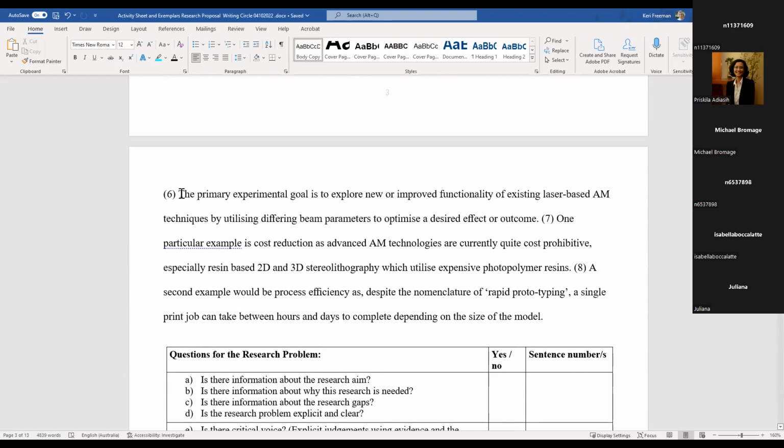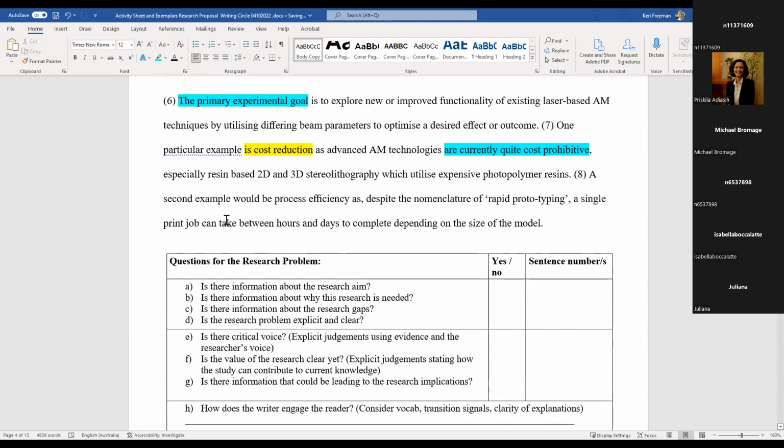The primary experimental goal, which is good, engaging the reader again to explore new or improved functionality. One particular example is cost reduction. Yeah, quite right. So this is good. This is a bit about the value, isn't it?